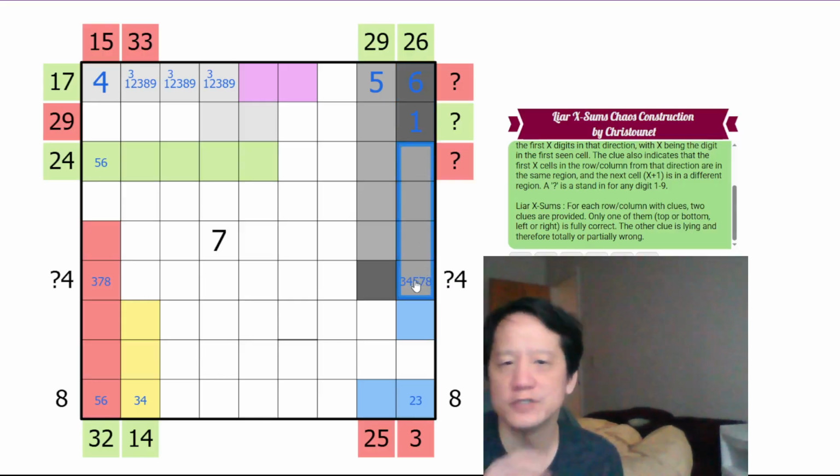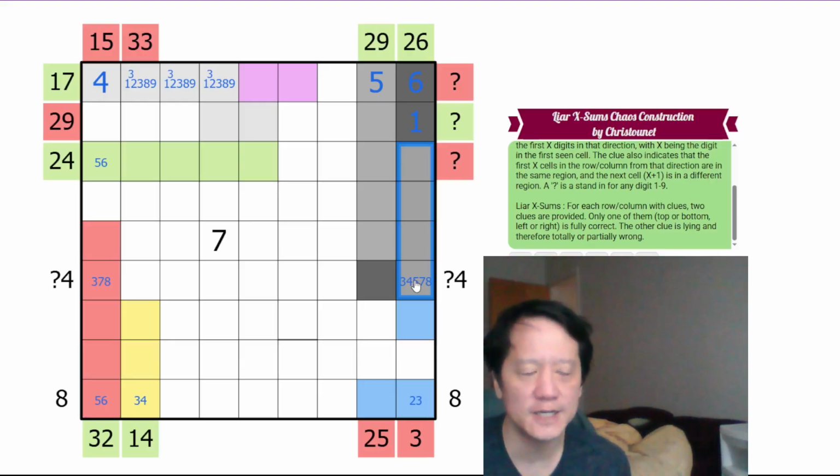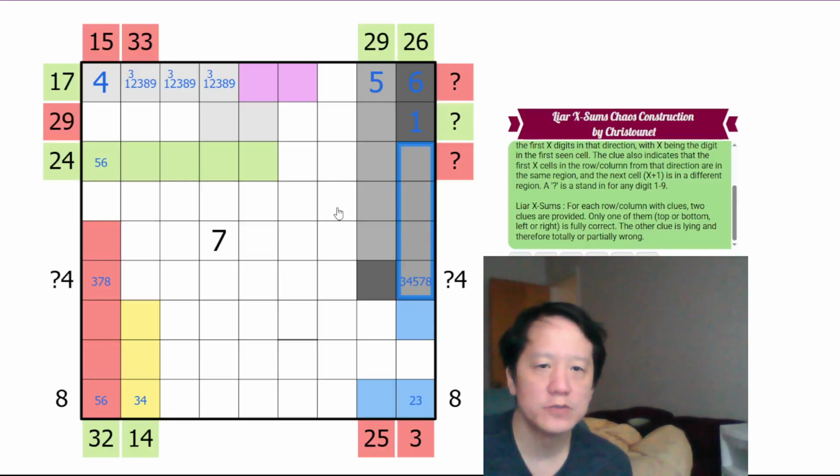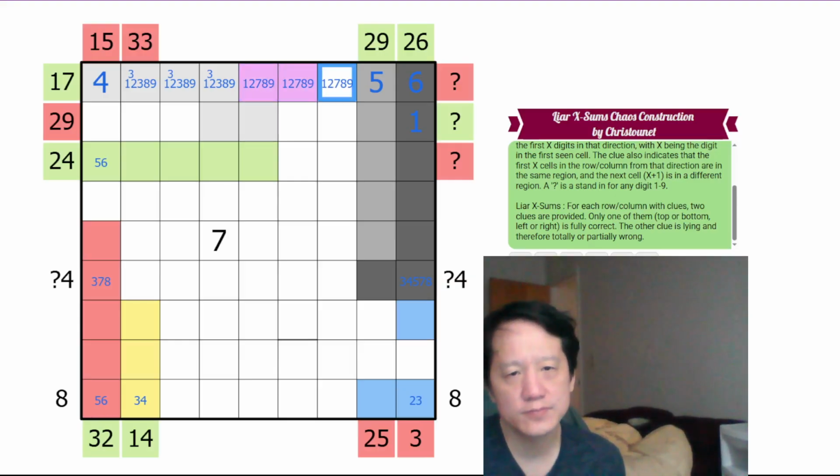Remaining 4 digits must add up to 26 minus 7, which is 19. So we have 7 here with 1 9 or 2 8. So far that's looking okay.